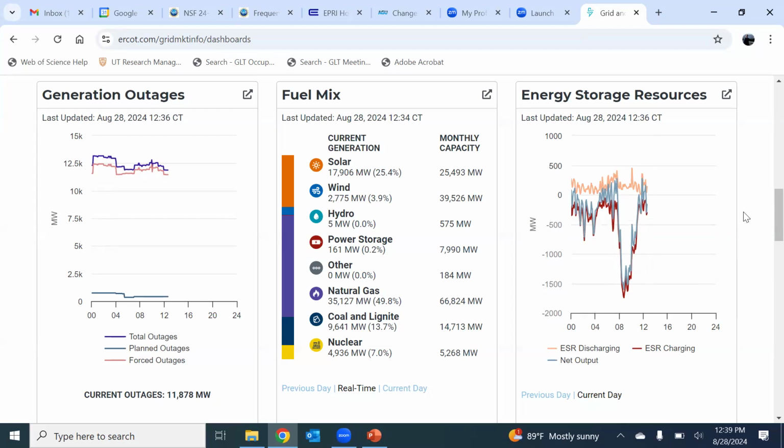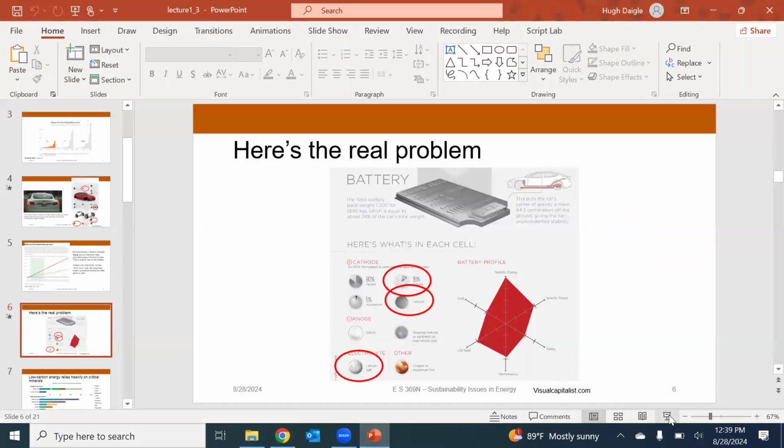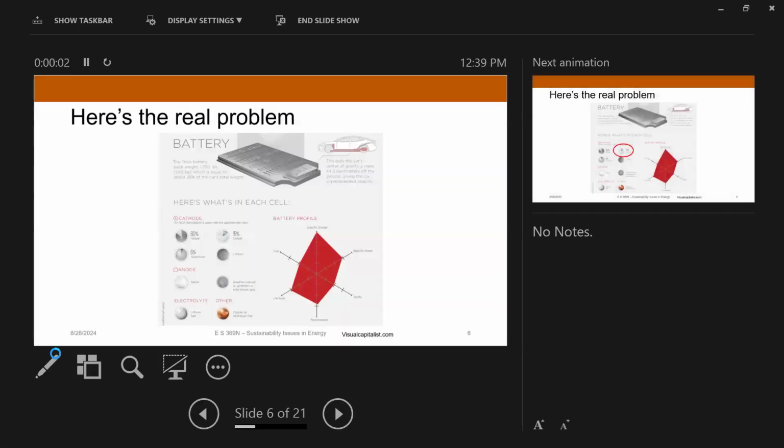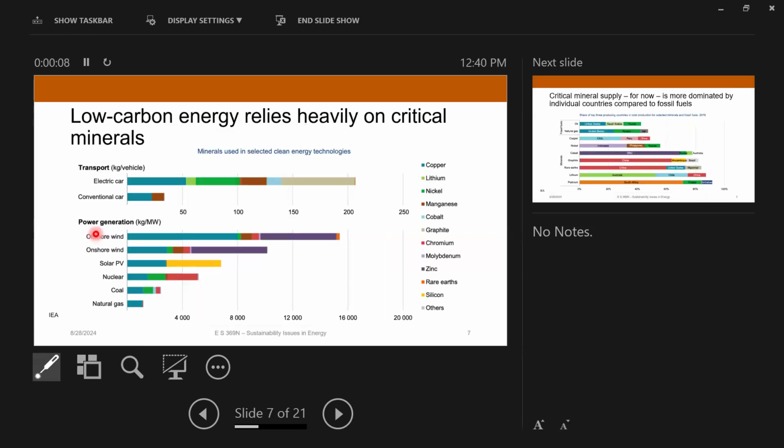Cool. Okay, I'm going to haul myself back out of the rabbit hole here and go back to talking about electric vehicles. Here we go. Okay, we were talking about critical minerals. This is a non-exhaustive list of critical minerals.